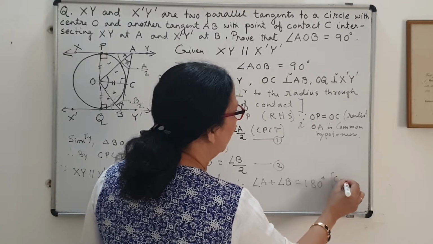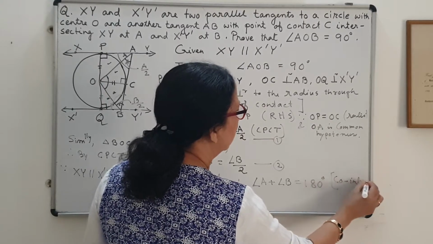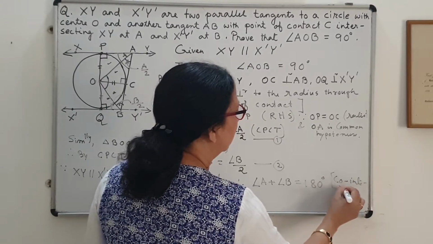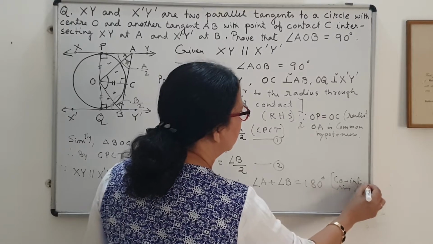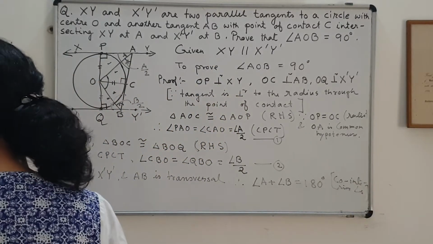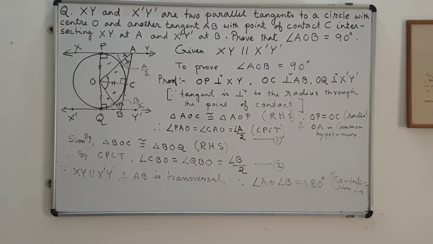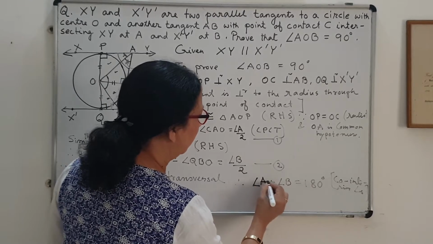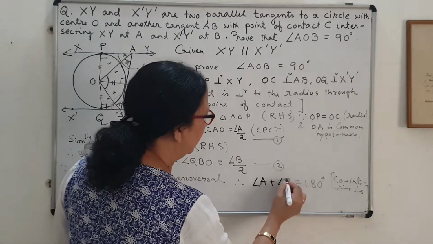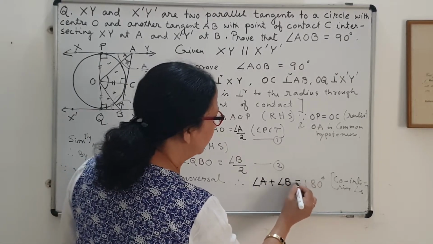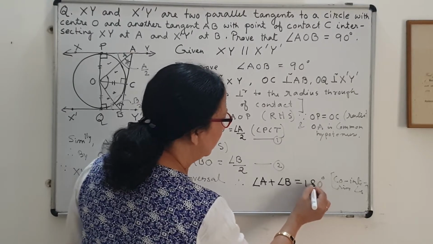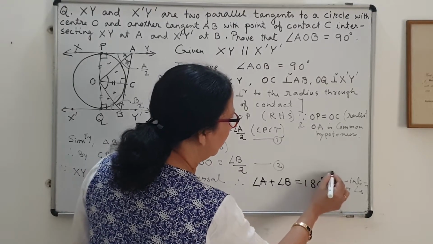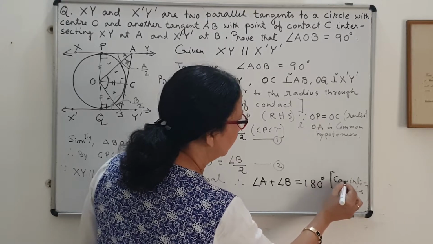You write co-interior angles, property of parallel lines. Angle A plus angle B is 180 degrees, and they are co-interior angles.